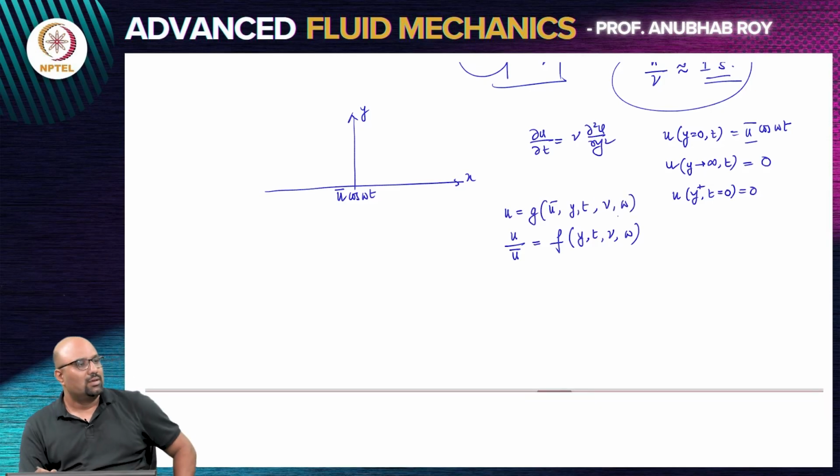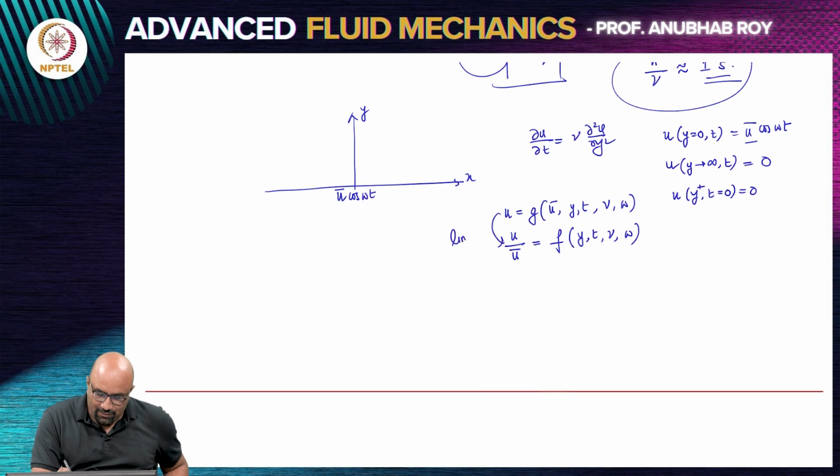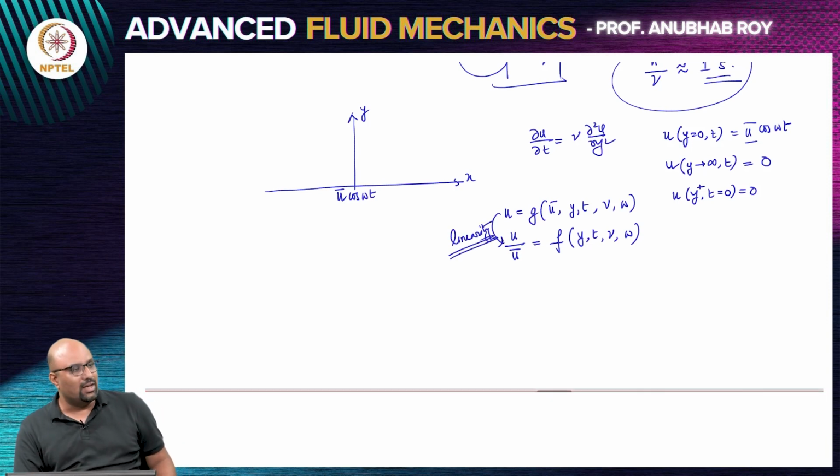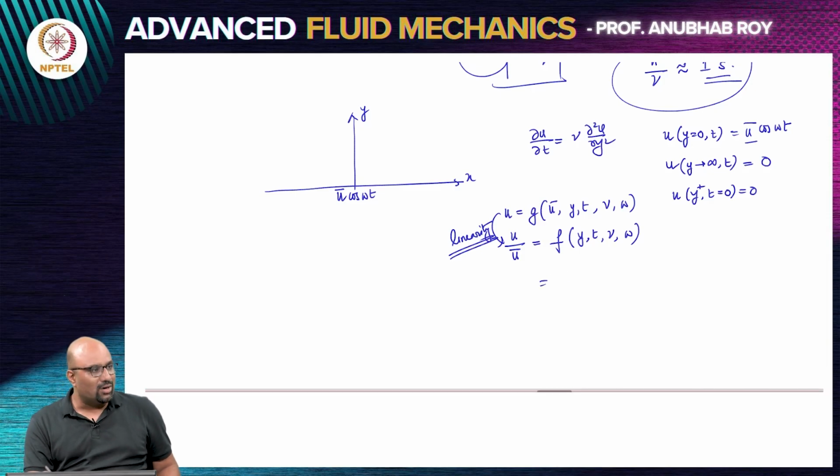This is what, not knowing anything about the problem, you would have started out with. Going from here to here, we have exploited the fact that we are dealing with a linear problem. So linearity tells us that the dependence on u bar is linear. Now the left hand side is non-dimensional, so the right hand side also should be non-dimensional. So now you can construct the dimensionless groups in the problem.